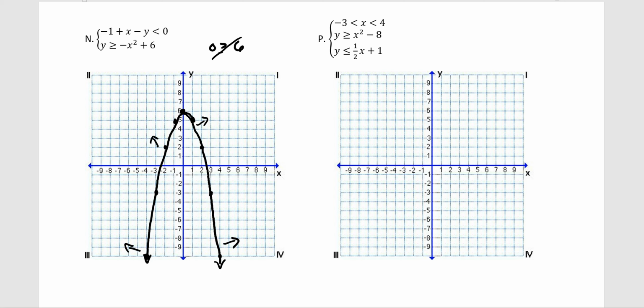And now for this line here, -1 plus x minus y is less than 0. Well, this is gross, but if we turn this into an equation, I can just add y. So I'd have x minus 1 equals y, which is the same as y equals x minus 1, which becomes much easier to graph.